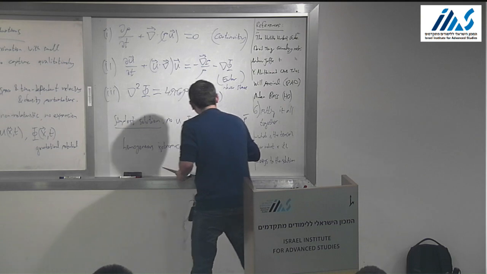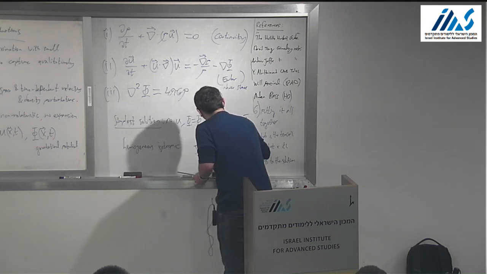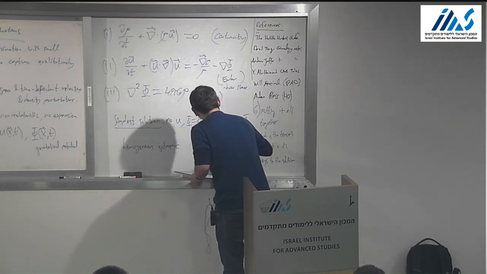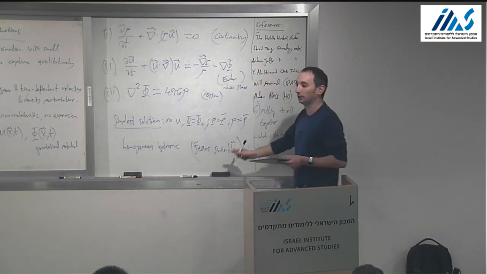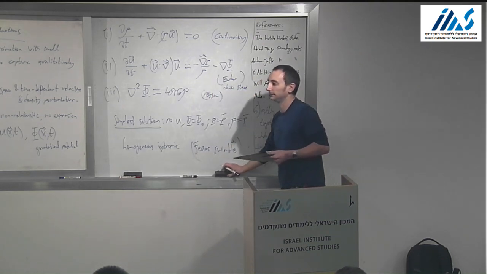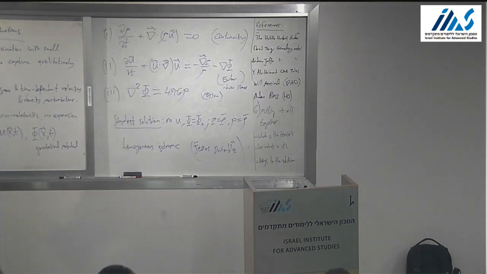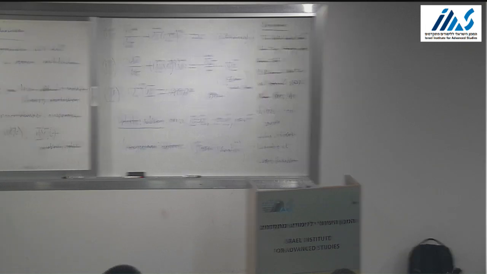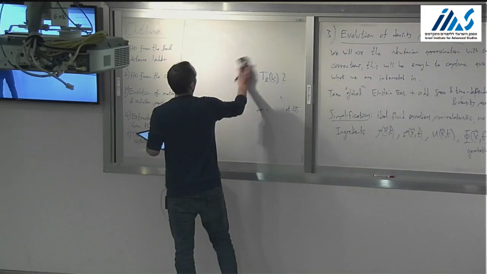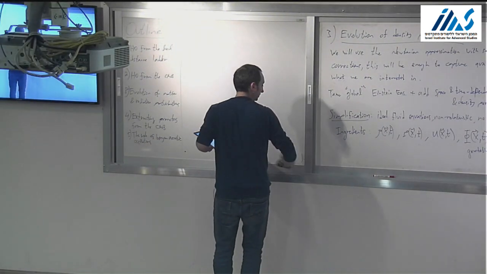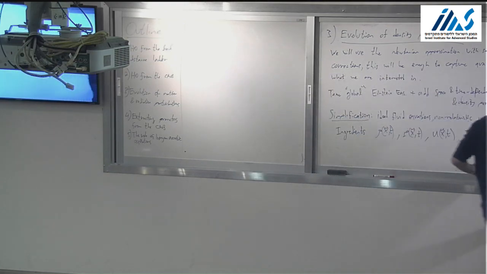And we've now identified the Jeans swindle. This is not a joke. You can actually Google this. There's even a Wikipedia page called the Jeans swindle. Apparently Jeans, when first deriving the Jeans instability and explaining the growth of perturbations, did something forbidden like this, and it was called the Jeans swindle.